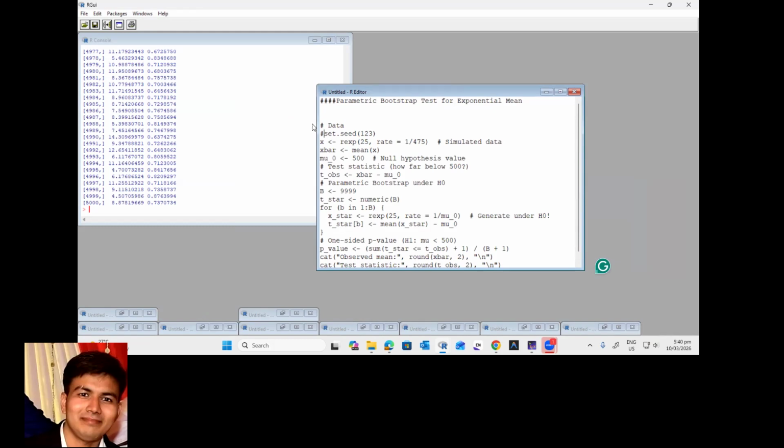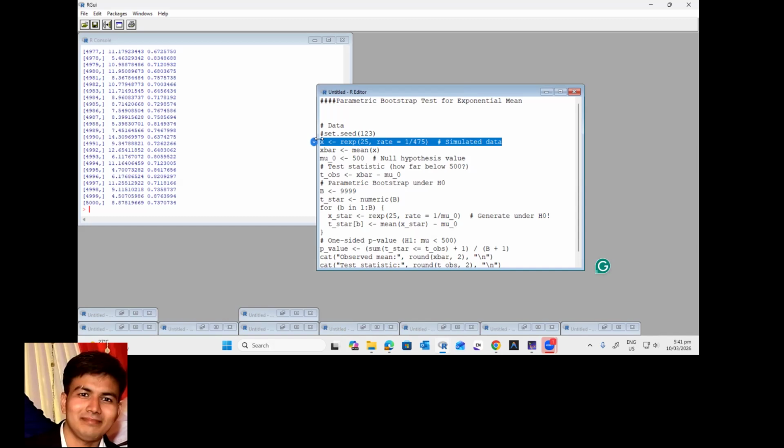We are generating 25 independent observations from the exponential distribution with the rate parameter lambda equals 1 upon 475.